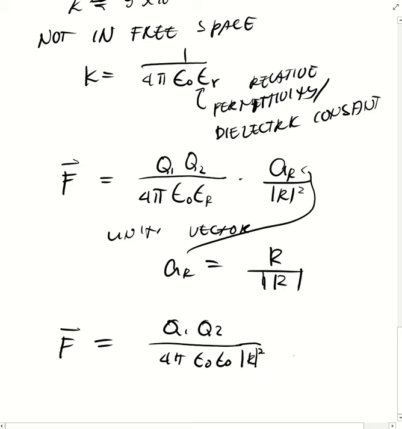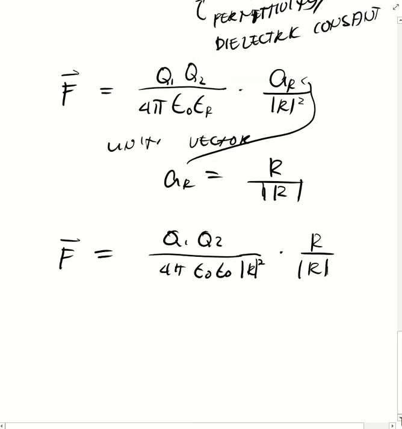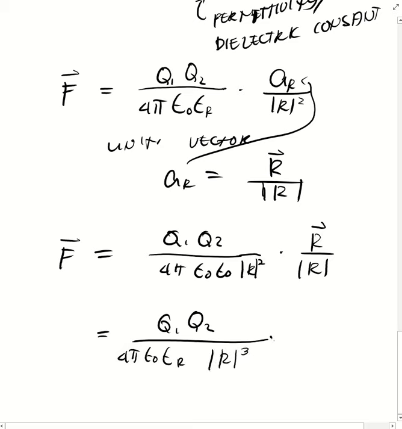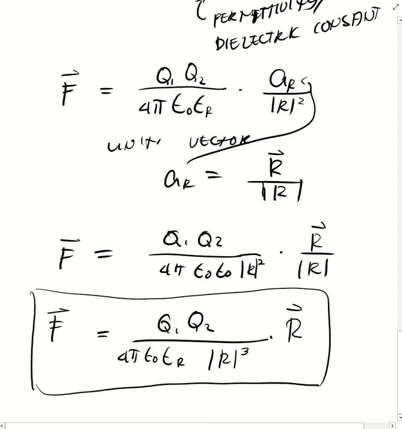Then I multiply it with a_R, which is R over the magnitude of R. Remember, R here is a vector, a position vector or directed vector. So we get Q1 Q2 all over 4 pi epsilon naught epsilon r, times the magnitude of R cubed, multiplied by the vector R. This will be the general formula for Coulomb's law that we will be using.